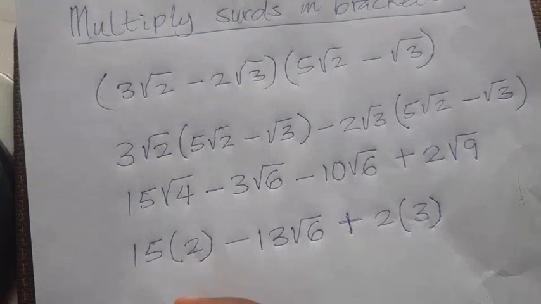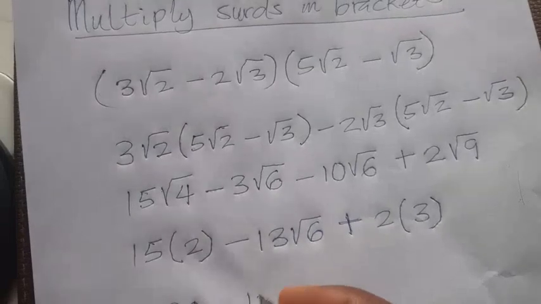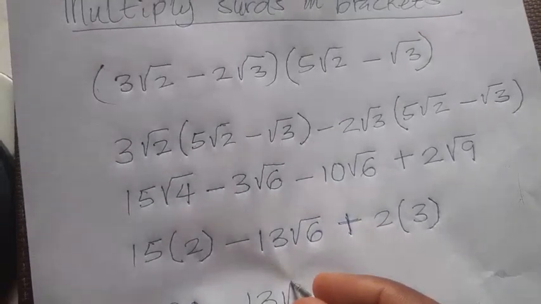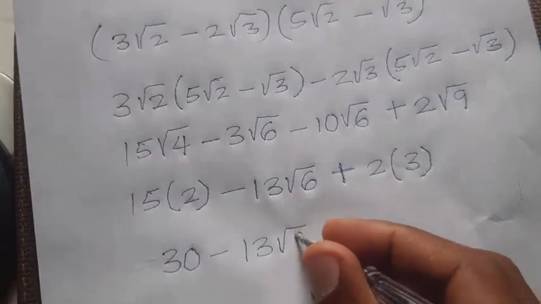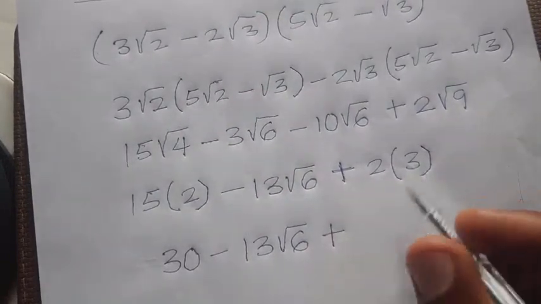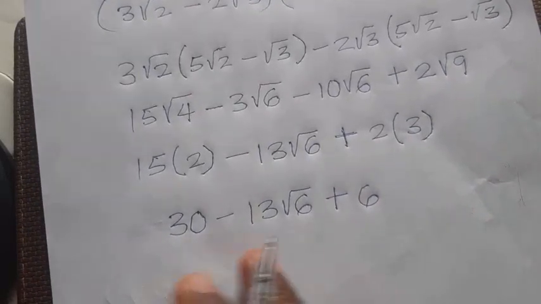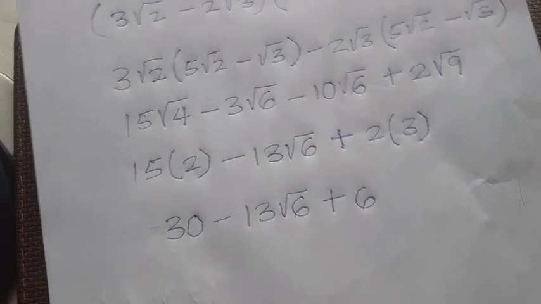Now 15 times 2 obviously is 30, minus 13 root 6. Then plus 2 times 3 is 6. We keep that. Now the whole numbers can be summed up together.